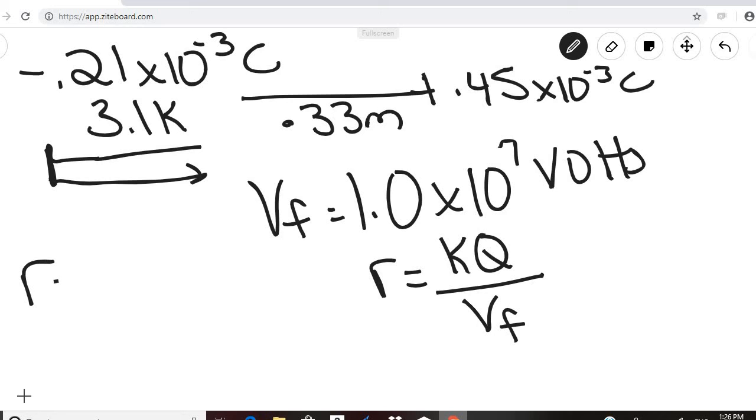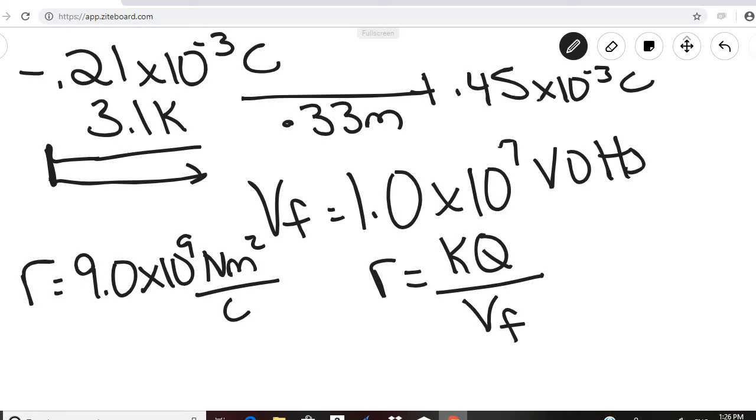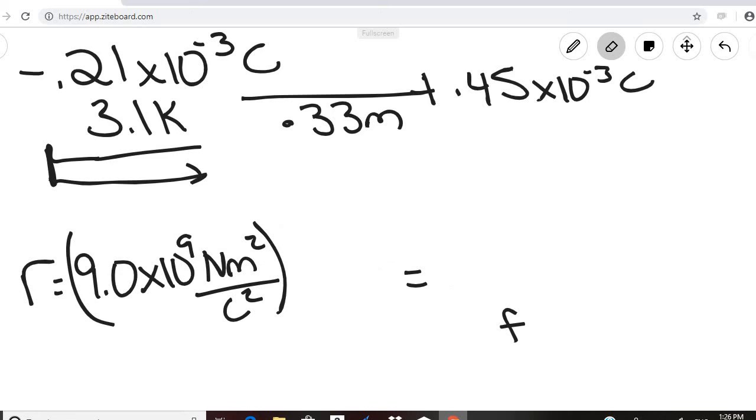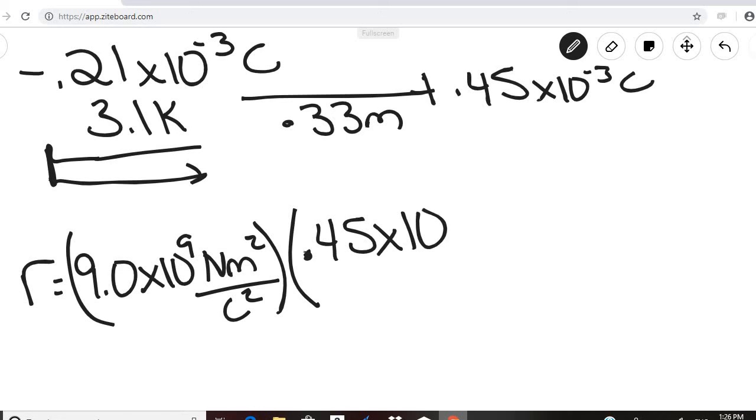So R is 9.0 times 10 to the 9th Newton meter squared per coulomb squared times the Q, which in this case is the stationary charge, 0.45 times 10 to the negative 3 coulombs.